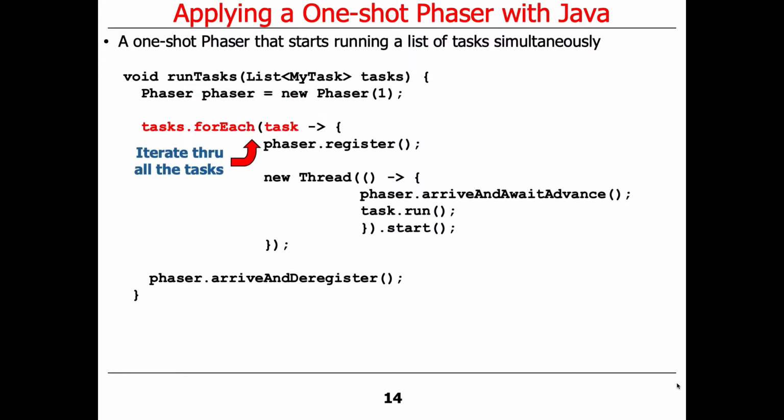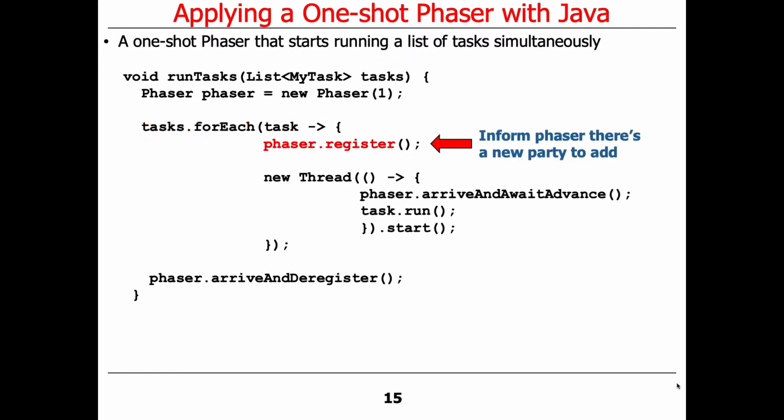And then what we do is for each task in the list of tasks, we're going to inform the phaser, hey, there's a new party to add, because we're about to spawn a new thread, and we want to increase the count by 1, so we register this new thread we're about to spawn.